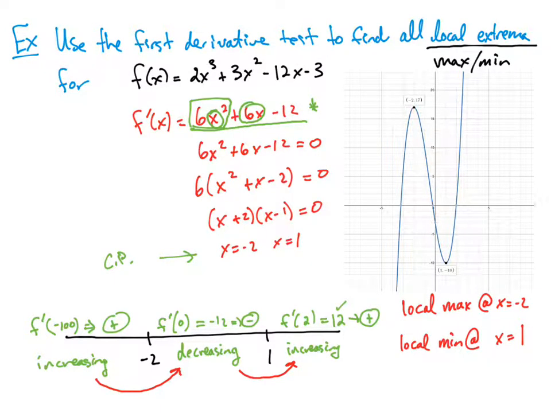And this information is confirmed by the graph that we found. So we found a local max at -2, and then we found a local min at 1 for the function, and this is confirmed when we look at the graph. So to the left of -2, in this interval, the function is increasing. In this interval, the function is decreasing.